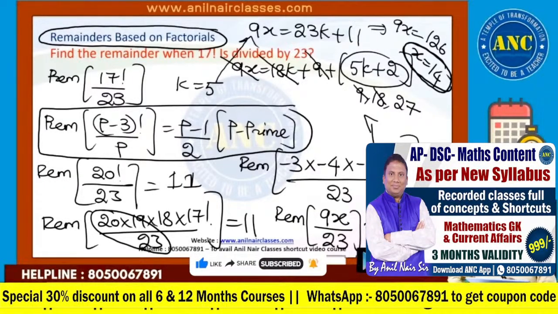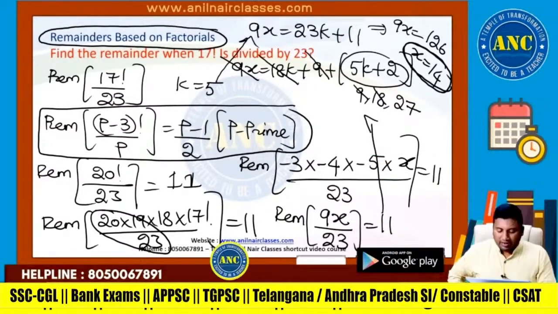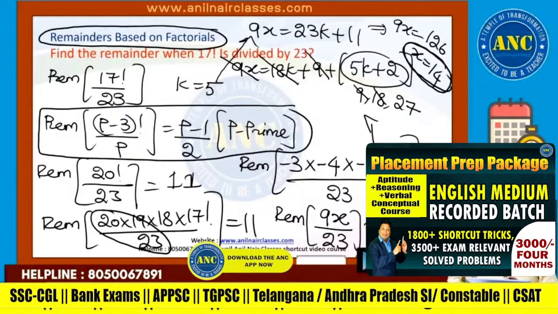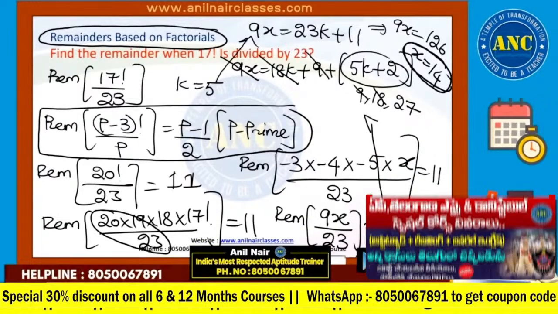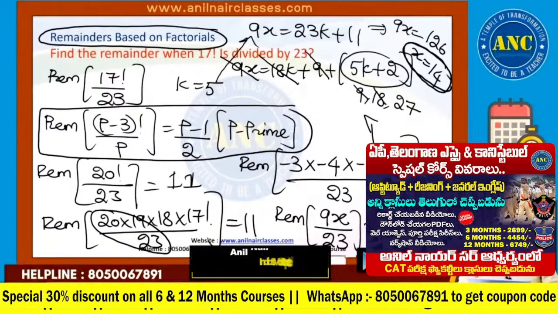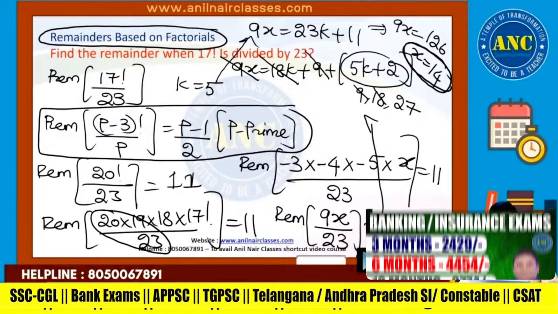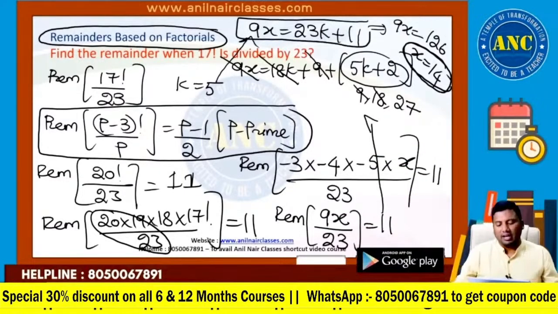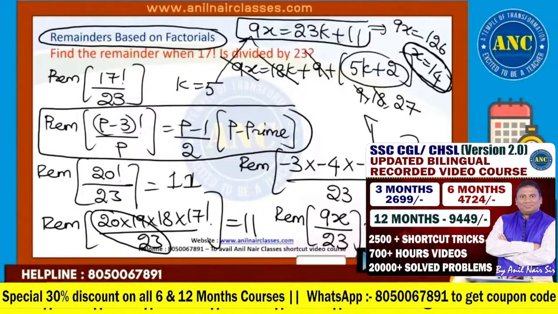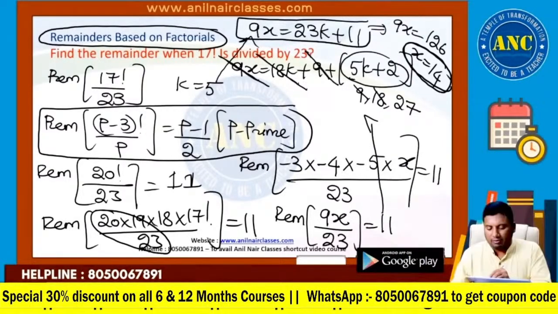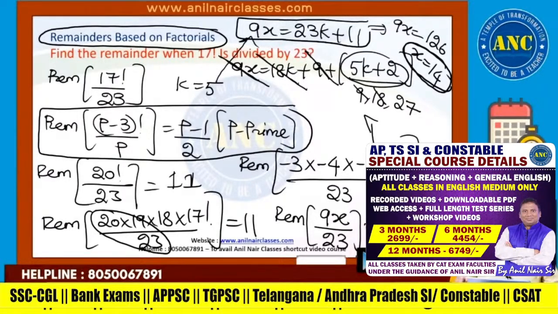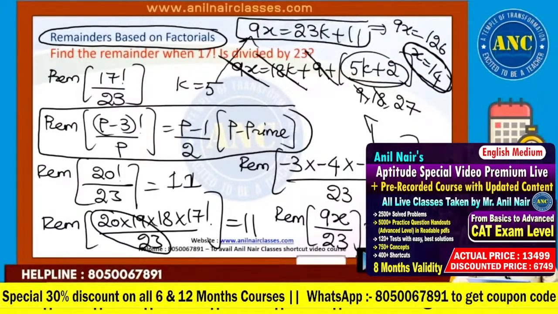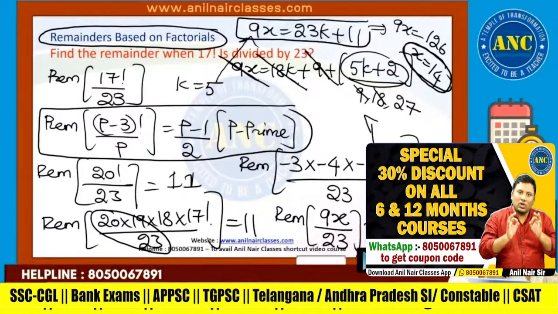That is minus 3, minus 4, minus 5 into x divided by 23 is 11. 60 divided by 23, 3s are 69, minus 9, minus of minus is plus. 9x divided by 23 is 11. 9x is 23k plus 11. 9x is 18k plus 9 plus 5k plus 2. Divisible by 9. 5k plus 2 should be divisible by 9. The only value of the form 5k plus 2 and divisible by 9 is 27. K will become 5. Substitute it, you get x value 14. Starting from basics to a high level.